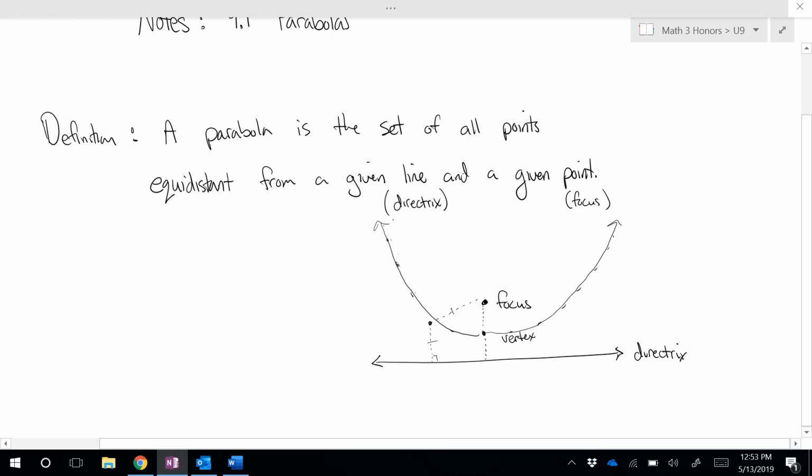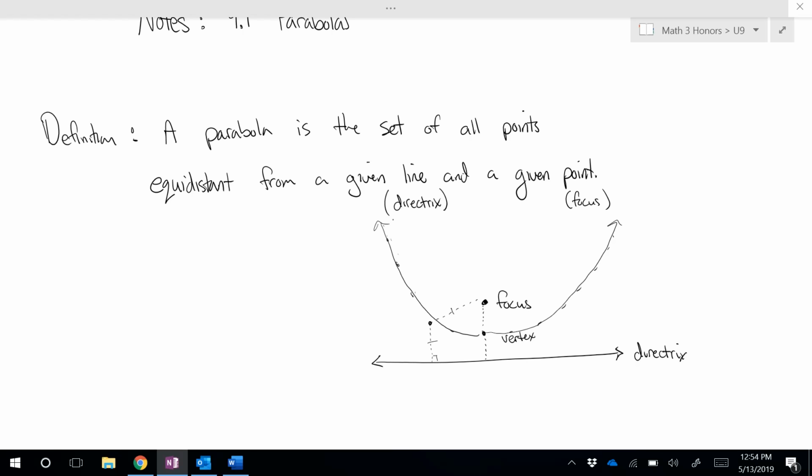There's usually a microphone there to receive sound waves or light waves, because whenever those waves bounce off the dish, they go straight to the focus and focus the signal there. The directrix does not have an application other than being used in this definition.